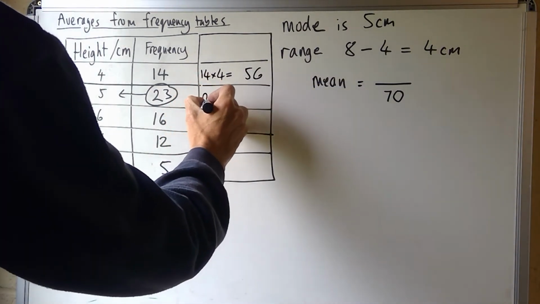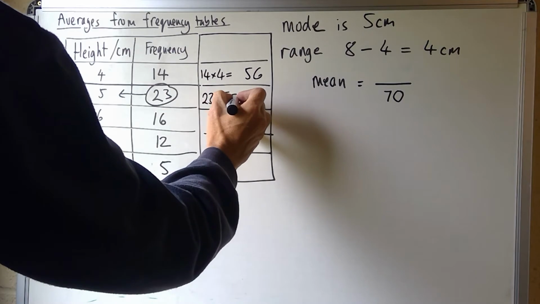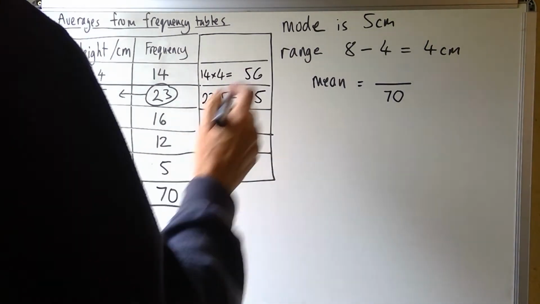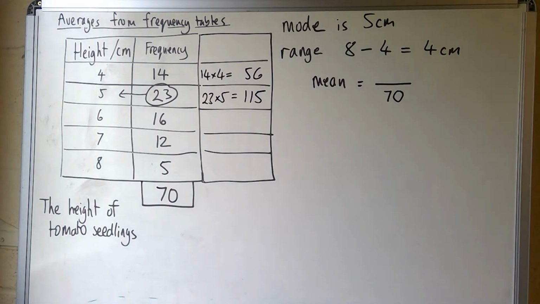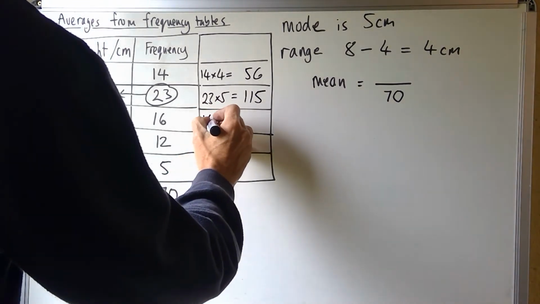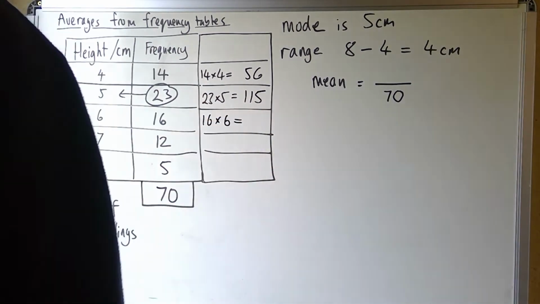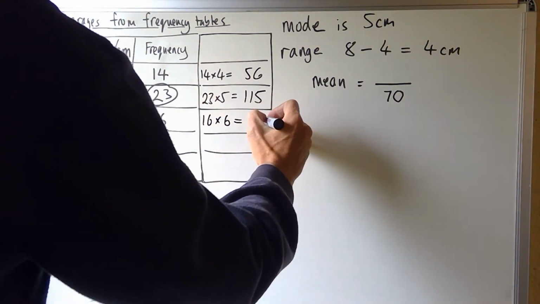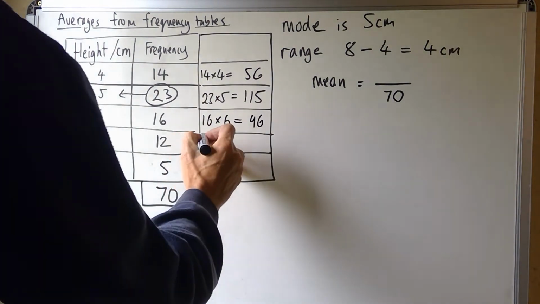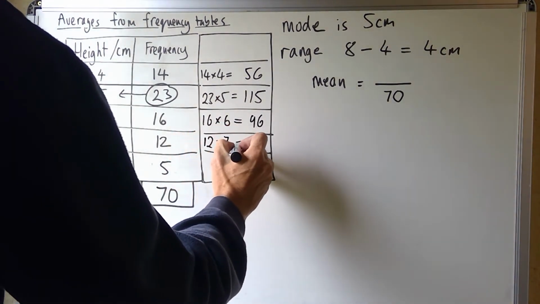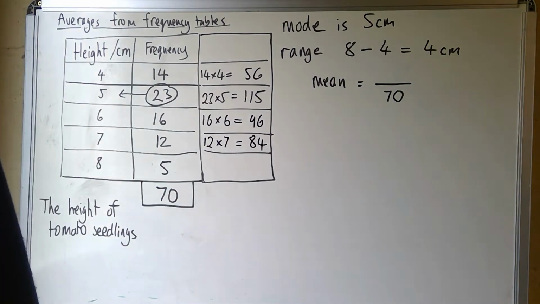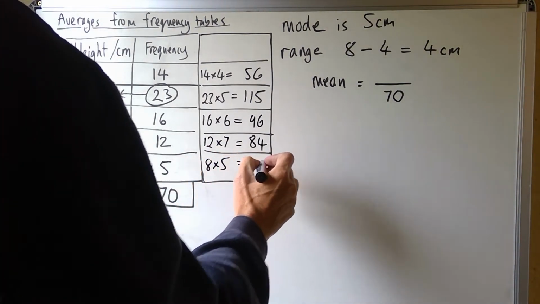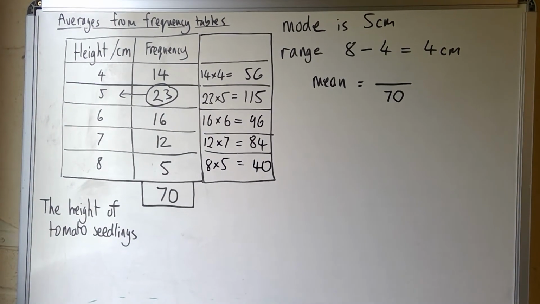There were 23 plants that were 5 centimeters high, so this is a total of 115 centimeters. There were 16 plants that were 6 centimeters high, so this is a total of 96 centimeters. There were 12 plants that were 7 centimeters high, that's 84 centimeters, and 5 plants that were 8 centimeters high, which is 40 centimeters.